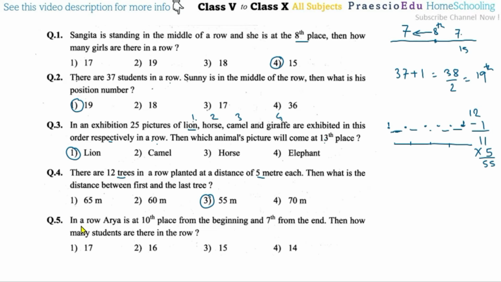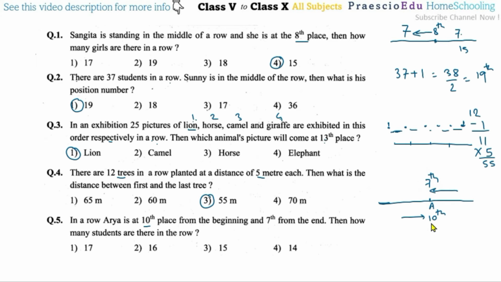Then question number 5, in a row Arya is at the 10th place from the beginning and 7th from the end. Then how many students are there in the row? Suppose this is a row, from the beginning 10th place, so Arya is here, from here 10th and from the end 7th.